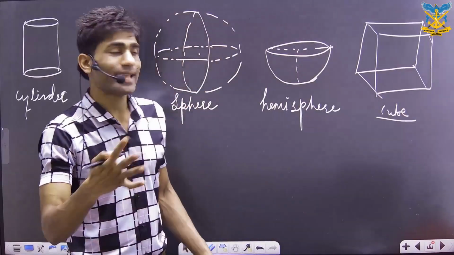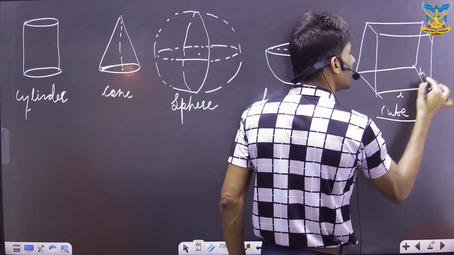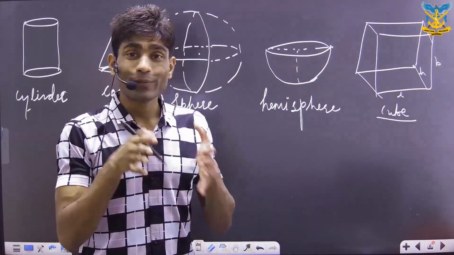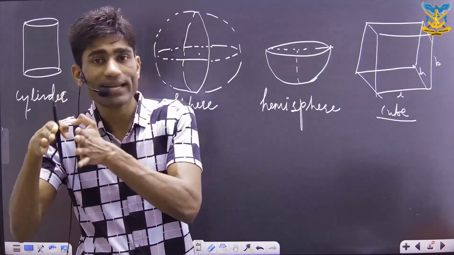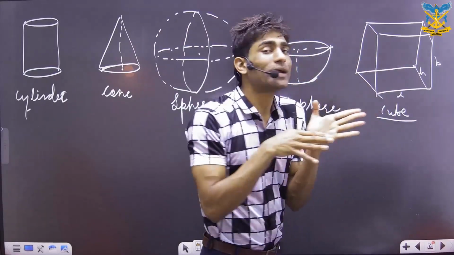Here we have the height, the length and the breadth. But in the case of a cube, we consider length equal to breadth equal to height. That means all the sides of a cube are always equal.